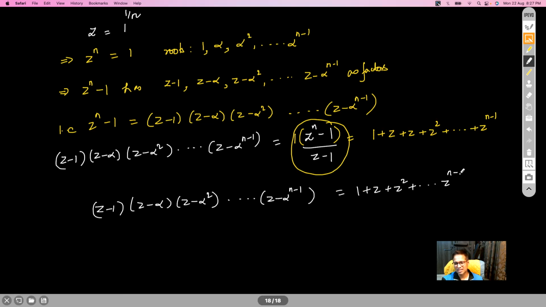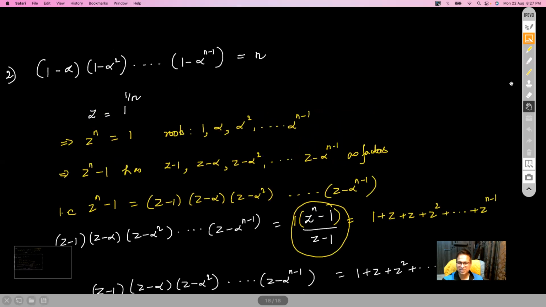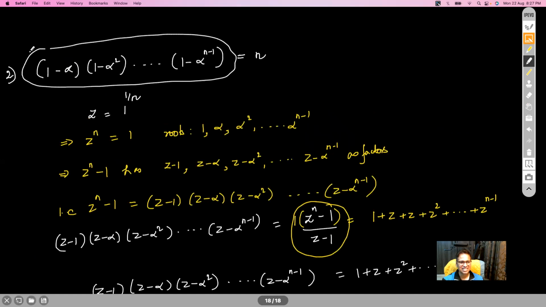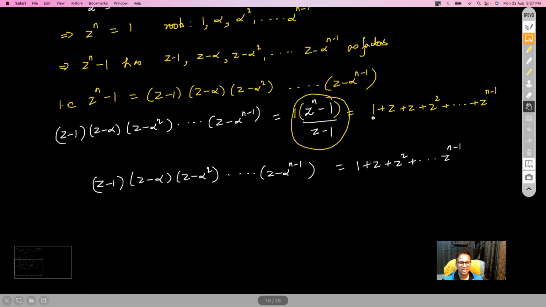Okay. Now here what I'll do, since I want to get this expression, can you tell me what z value should I substitute here to get that? What z value should I substitute here to get that? Oh, sorry, this is not going to be starting from 1. This one has already gone down, right? It has gone down here. So this will not be it.